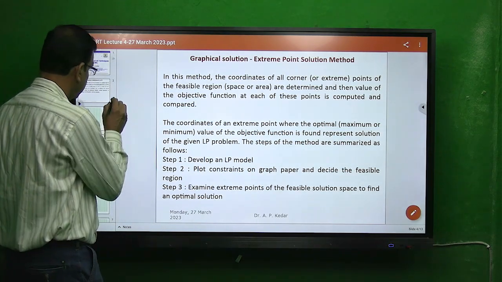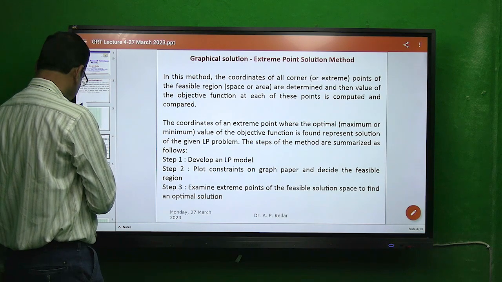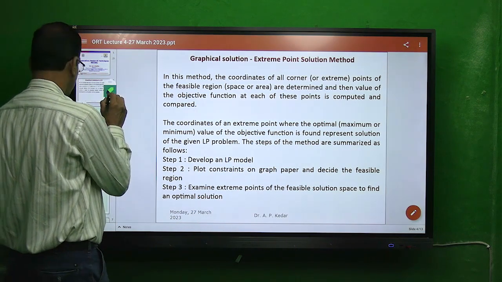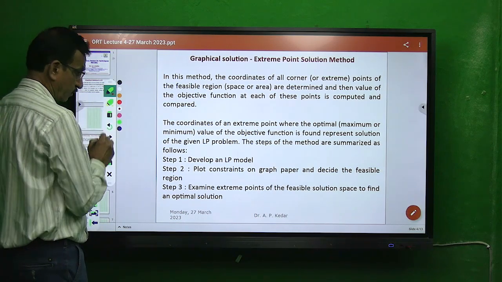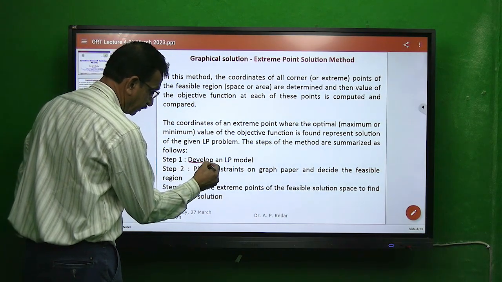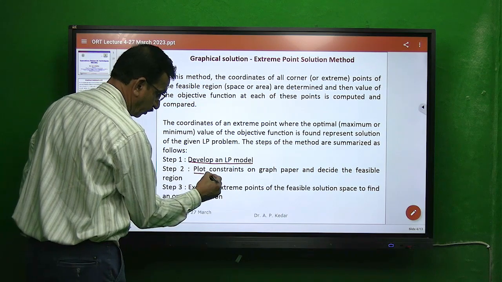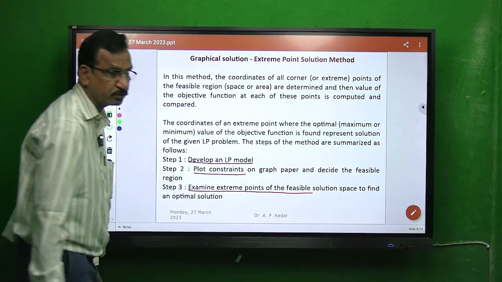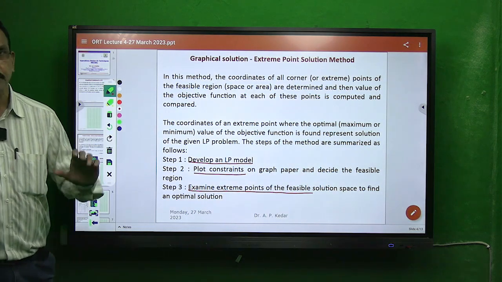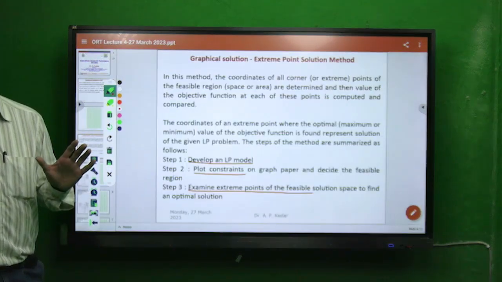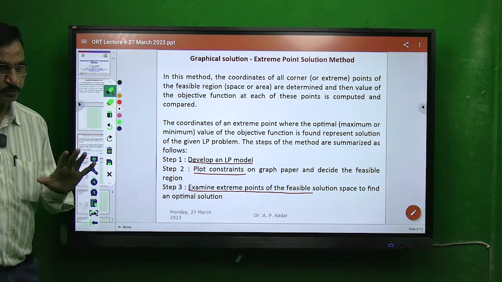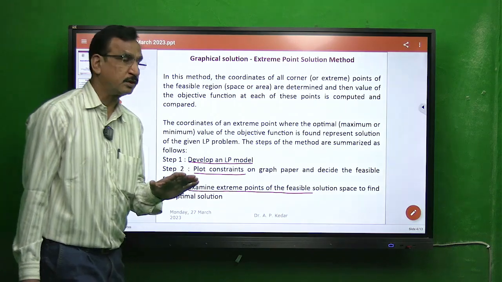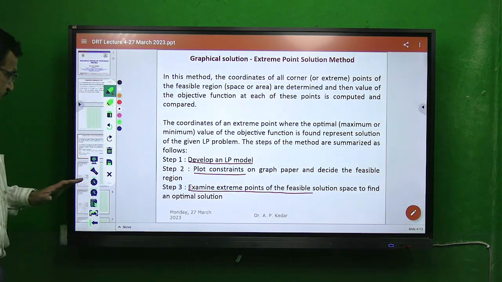After developing this particular model, plot the constraints and examine the extreme corner points from the feasible solution. So once you have the set of various corner points, your task is to conclude how you are getting the solution from the points under consideration.